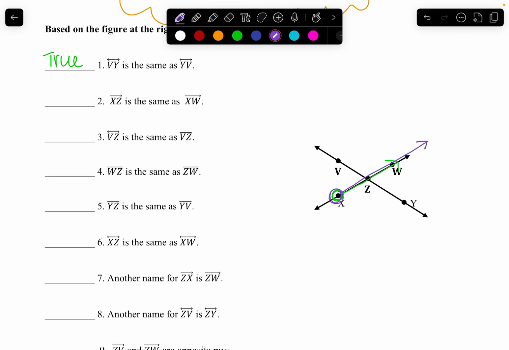Does it matter that they chose point Z as the second letter of the first ray and W as the second letter of the second ray? It doesn't matter. They're still the same ray. They have the same endpoint, and Z and W are still on the same line, and they're on the same side as X. Z and W are both to the right of X, so those would be considered the same ray. So this is also going to be true. Hopefully that made sense. I know I just word vomited.